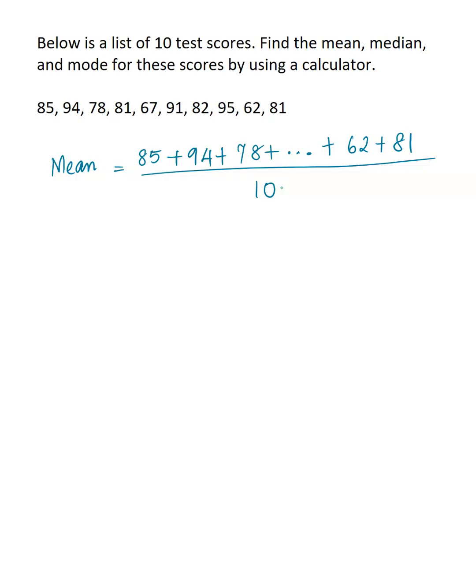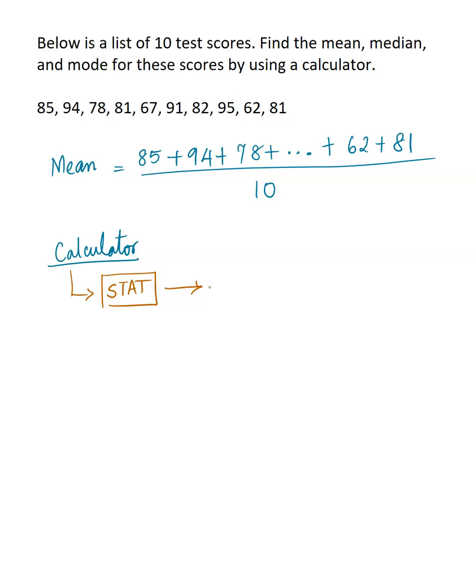Now let's do the same thing using the calculator. Now you see that you have a list. So you want to start off by going into your stat. So I'm using the calculator. So let's start with the stat button. Make sure you clear any previous entries.